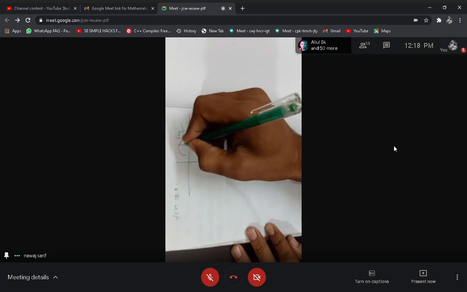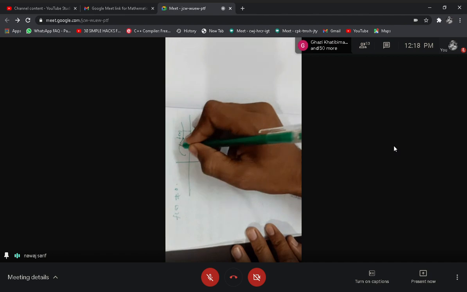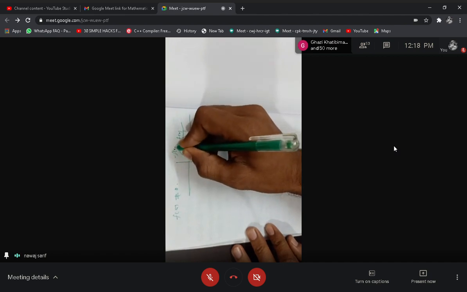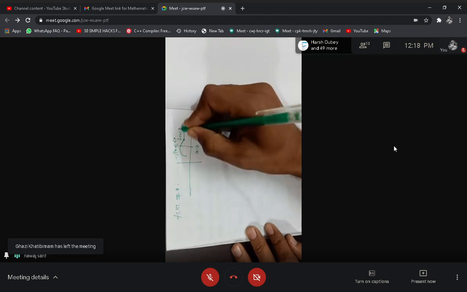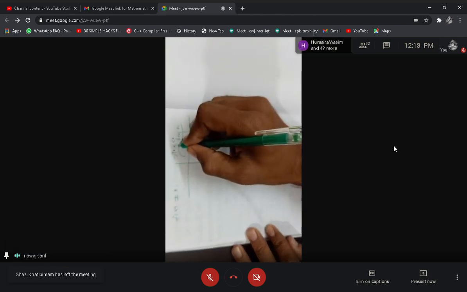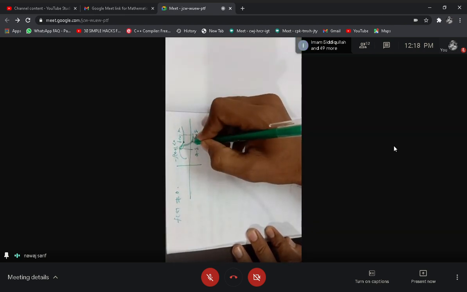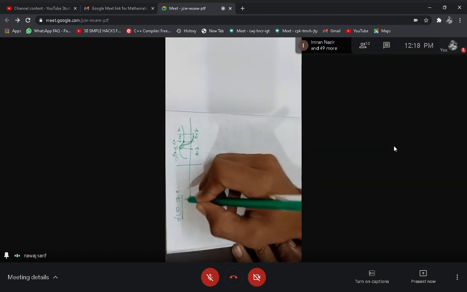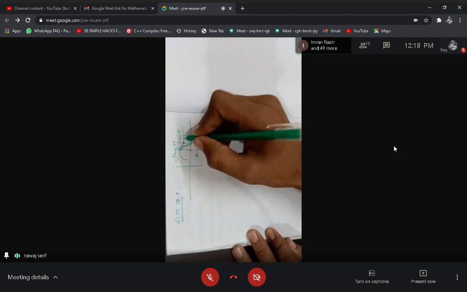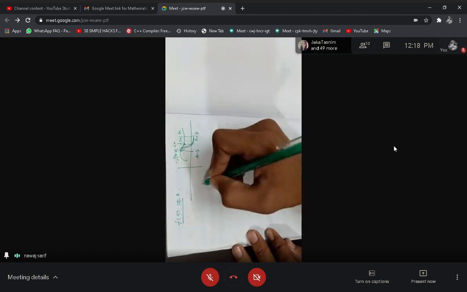If at a minus delta, in the left neighborhood, f is less than 0 and on the other side it is positive, that means somewhere there it cuts the axis, but we have given that f(a) is non-zero. That means it does not cut the axis at x equal to a. So this contradicts our assumption.